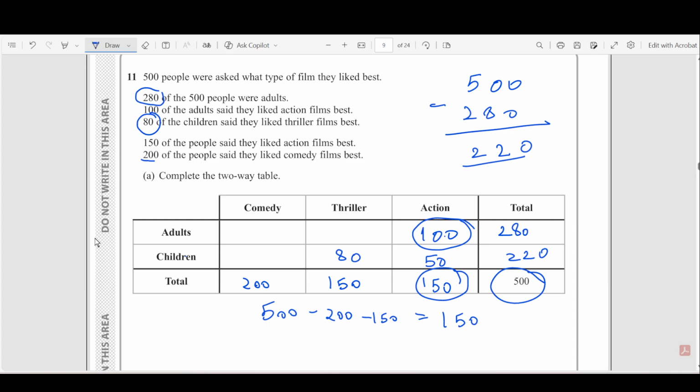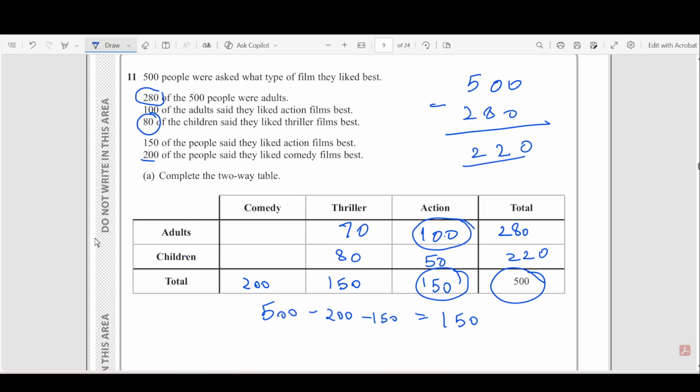For thriller, the total is 150 and 80 are children, so adults who like thriller would be 150 minus 80, which is 70.